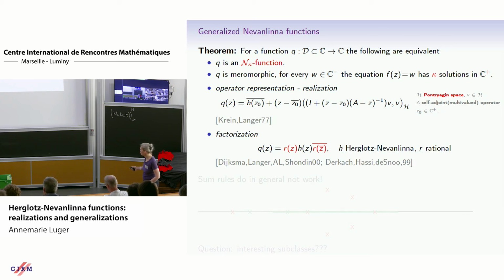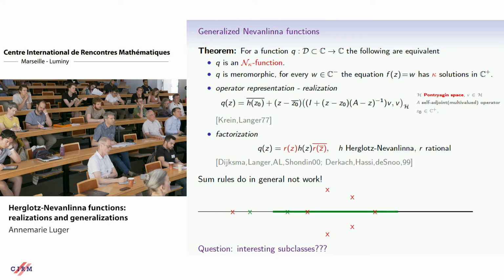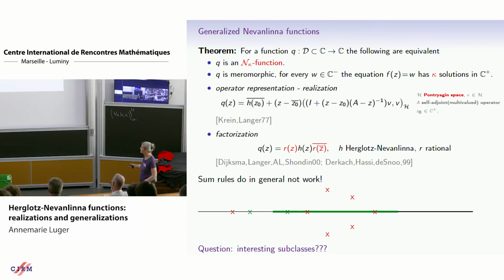Yes. So the picture that you should have here is the singularities on the real line. The green ones come from the usual Herglotz-Nevanlinna function, where the measure has mass, or where the original operator had a spectrum.